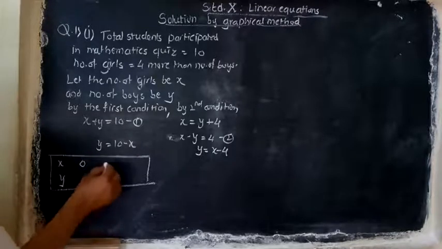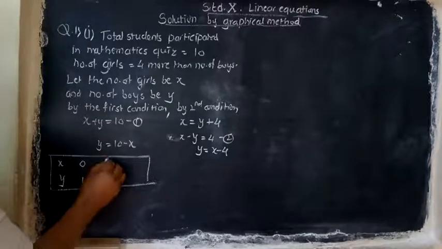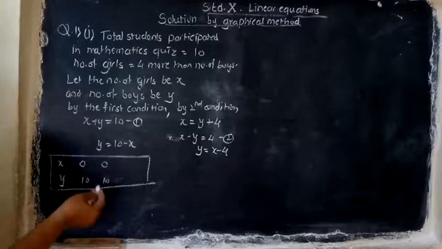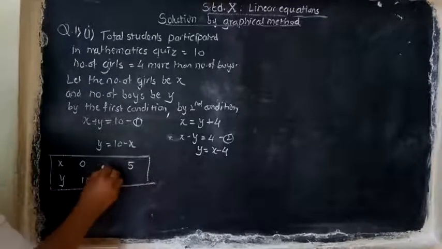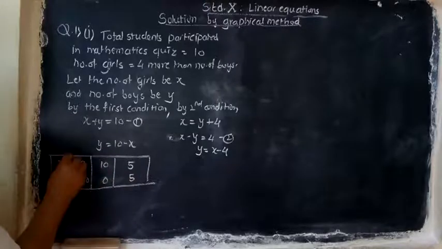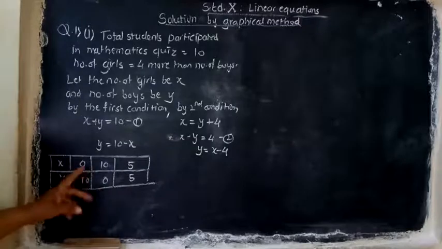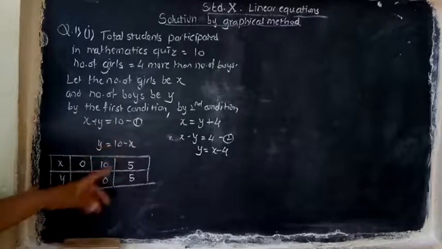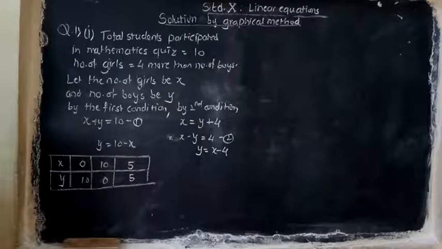If we take X is equal to 10, then Y is 0. If we take X is equal to 5, then Y is equal to 5. This is the first equation, and for it 3 points are prepared: X is equal to 0, 10 and 5.